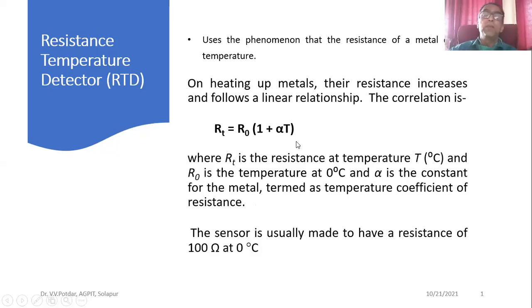Now, this temperature coefficient of resistance is positive for all major RTDs because we can use different metals for use as a resistance temperature detector. Now, the sensor usually is made to have a resistance of 100 ohm at 0 degrees Celsius.